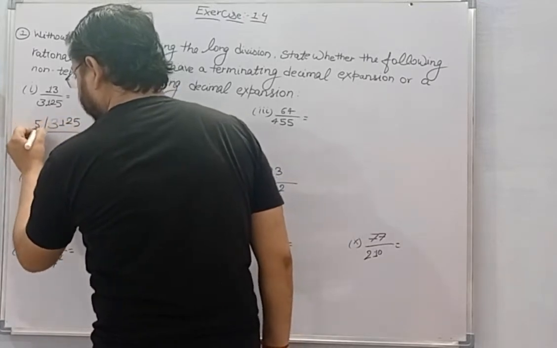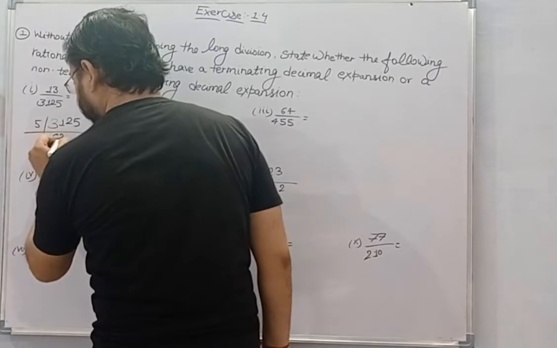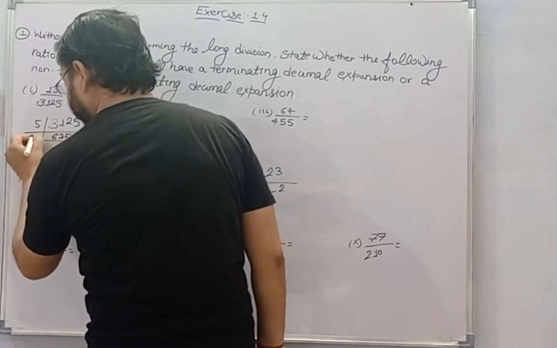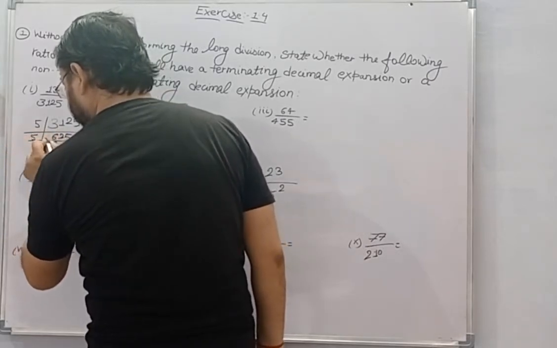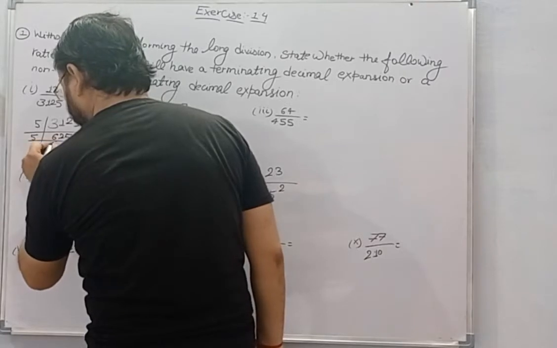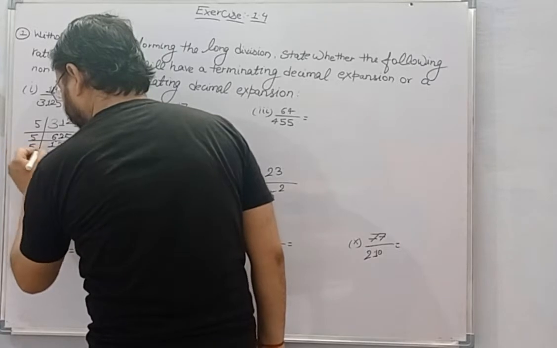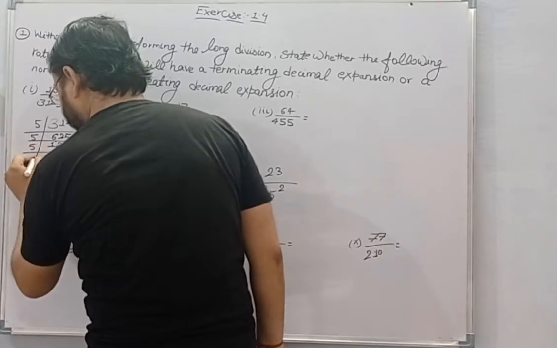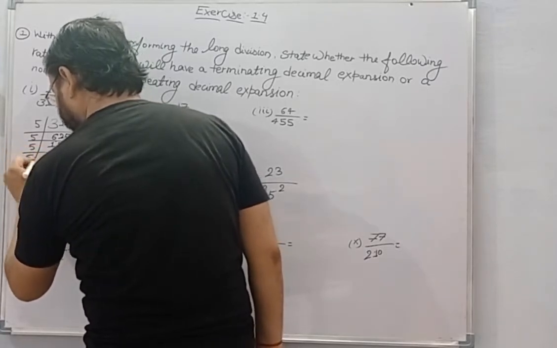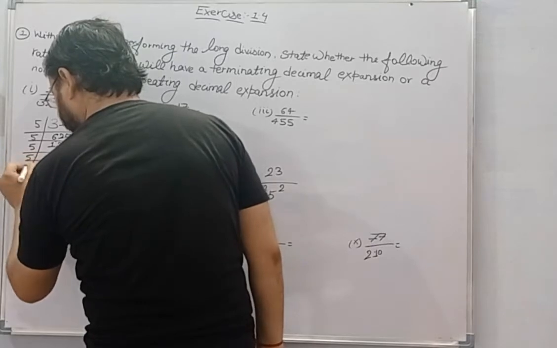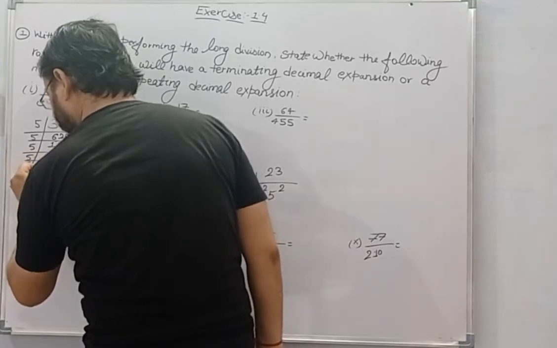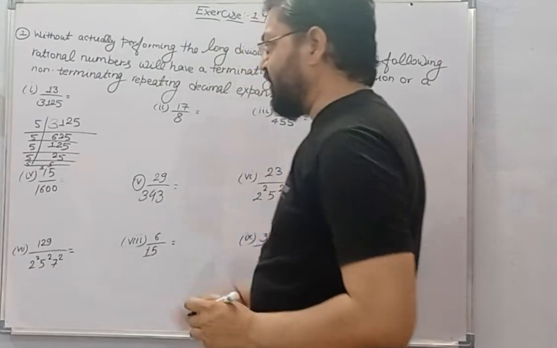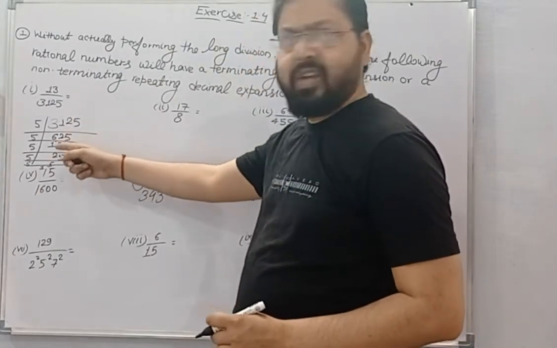Take 125: 5, 25, again 5, and 5, and again 5. You can see it contains only 5s.